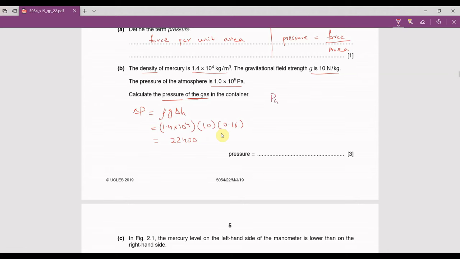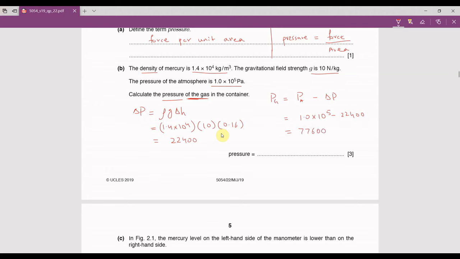So the pressure of the gas will be the pressure of the atmosphere minus the pressure difference. So the pressure of the gas would be 1.0 into 10 to the power 5 minus our answer, which was 22400, and that will give me my pressure of the gas, which is turning out to be 77600.